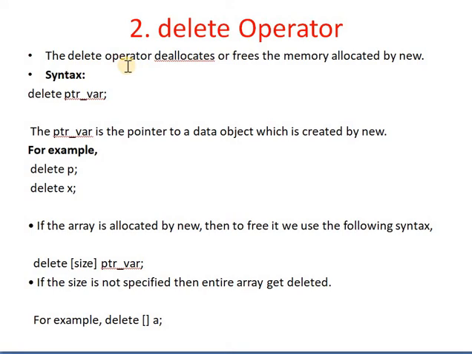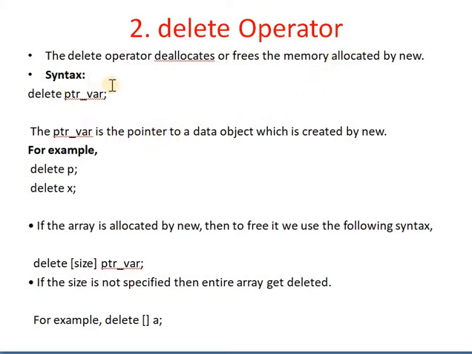The delete operator deallocates or frees the memory allocated by new. When memory is no longer required, it needs to be deallocated so that the memory can be used for another purpose, and this can be achieved by using the delete operator.